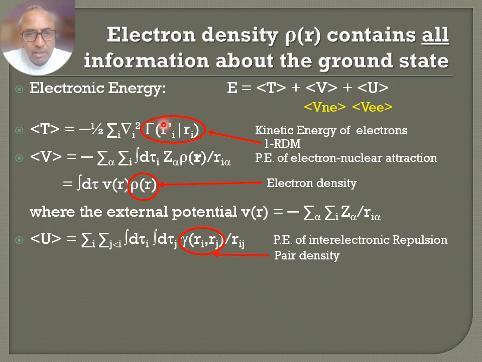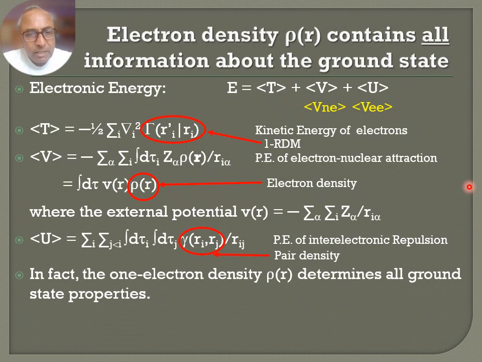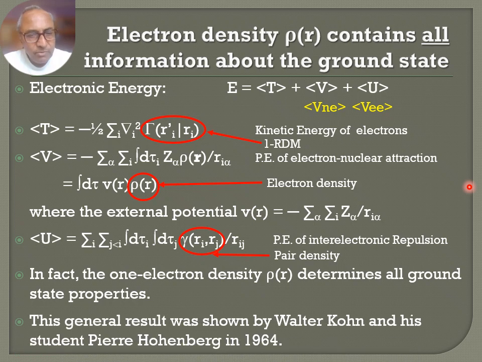And since the 1 RDM can also be obtained from the 2 RDM, all you need is the 2 RDM, the 2 electron reduced density matrix. But actually, the situation is even simpler than that. In fact, the 1 electron density, rho of R, is sufficient to determine all ground state properties. This general result was shown by Walter Kohn and his student Pierre Hohenberg in 1964.